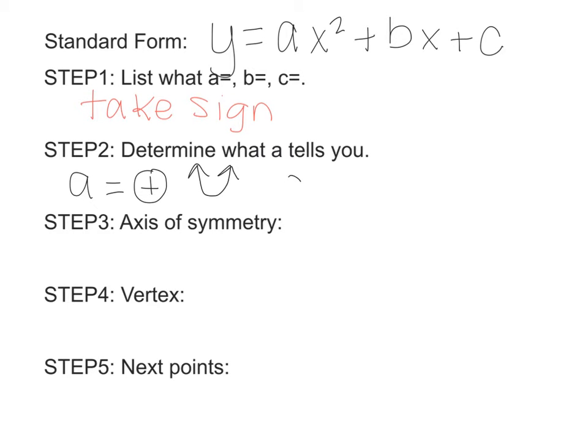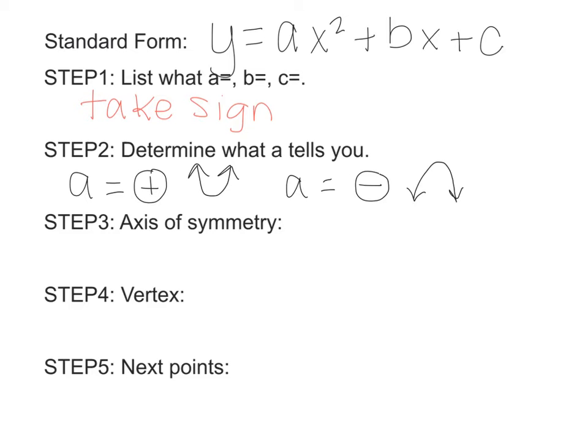If a is a negative number, then the graph will be upside down. We are going to use this information just to check to make sure that our graph looks the way it's supposed to look.